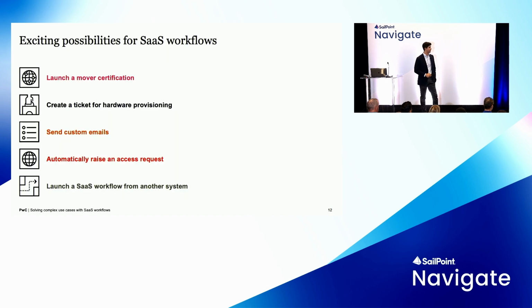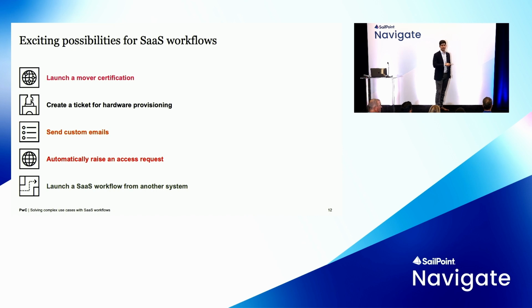So the next question you might be asking yourself is, what are some things I can actually do with this, right? We've talked a lot about what Workflows is and how it's different from event triggers. But what are things that you can actually do that maybe historically have been a struggle to implement?